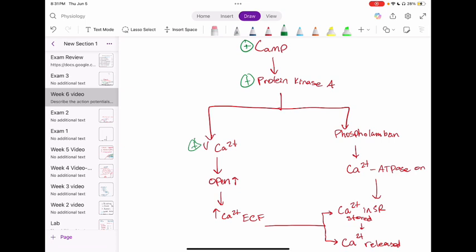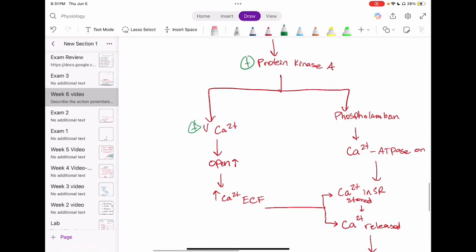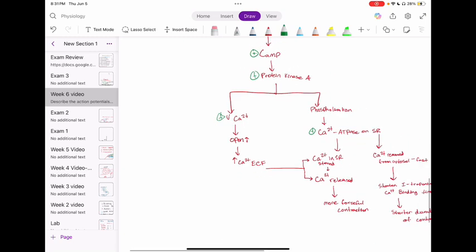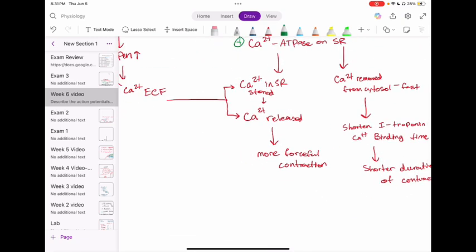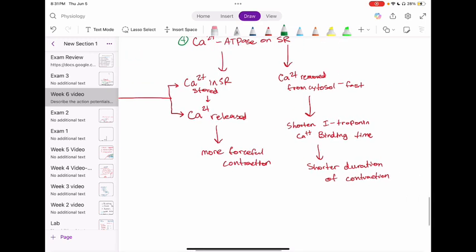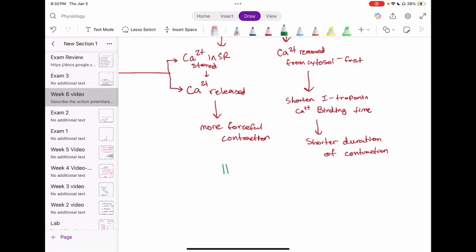They let in more calcium from the extracellular fluid. It also phosphorylates phospholamban, which activates calcium ATPase on the SR, which in turn results in more forceful contraction and shorter duration of contraction, which would increase heart rate.